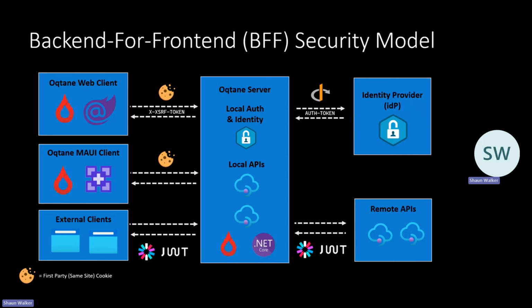So you've probably heard of the backend for front-end model. Essentially, for quite a number of years, the industry moved towards using JWT tokens for everything when it came to authentication.